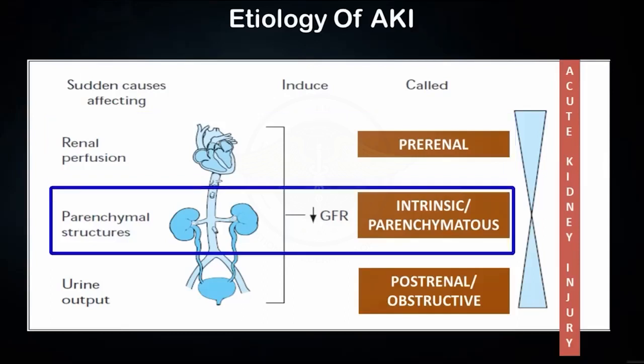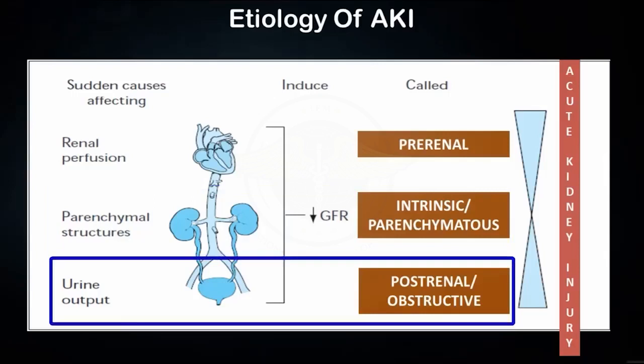Any abnormality in the structures of the kidney or the renal parenchyma will cause kidney dysfunction, and this is referred to as intrinsic AKI. And if the kidneys are working fine, if they're receiving good blood supply, but the urine produced is not flowing out because of some obstruction, it is referred to as postrenal or obstructive AKI.